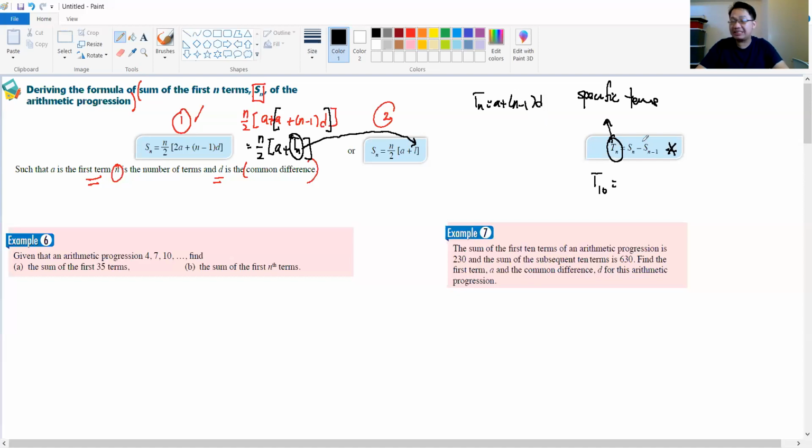how do we use the sum formula? It's very easy. If n here is 10, it will be S10 minus S9.